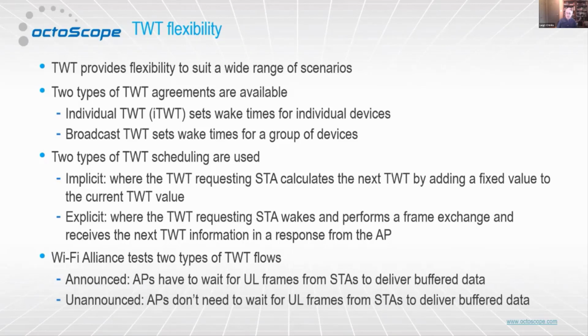Again, you can imagine how that might be subject to at least some problems every now and then. So there's an announced mode, which is probably more robust. The AP won't send anything until it hears from the station first. But again, that's going to be slightly less power efficient, because now you're using your transmitter on the station to announce itself rather than having anything to do specifically with data. So again, it's a trade-off between robustness and power saving.